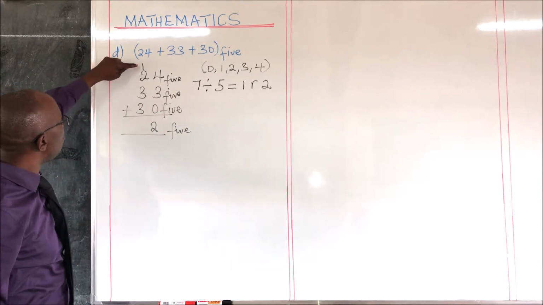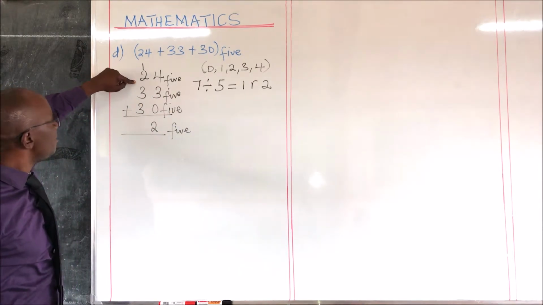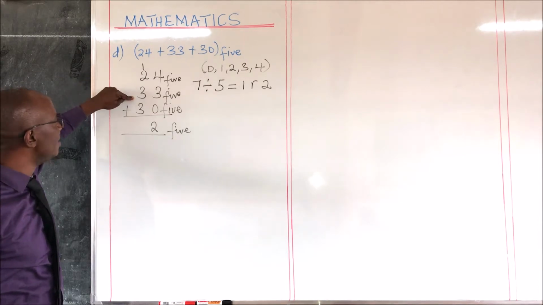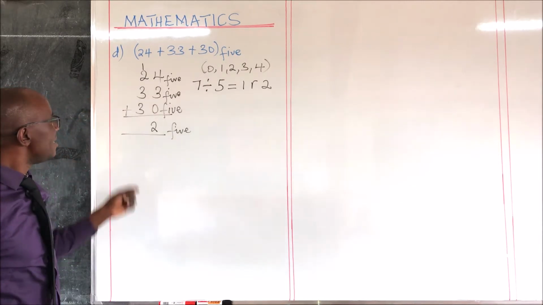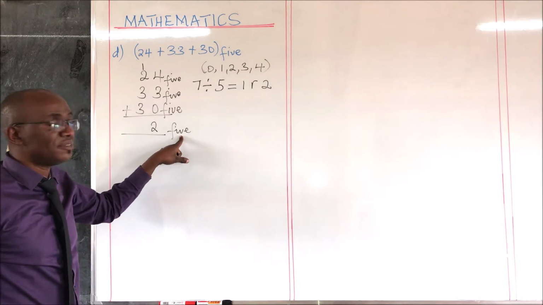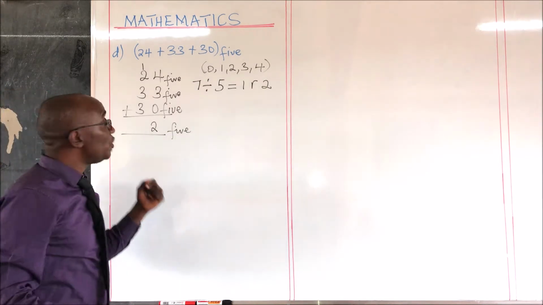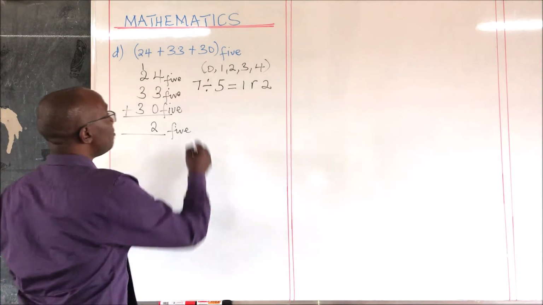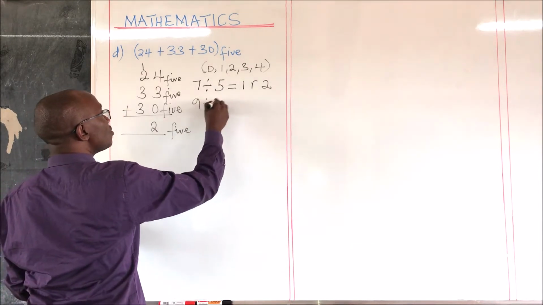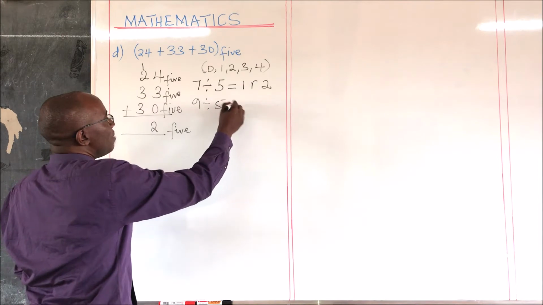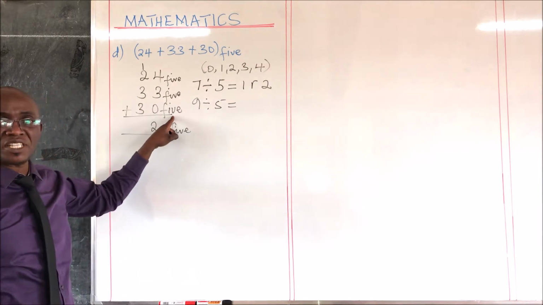So then we add 1 plus 2, that is 3. 3 plus 3, that is 6. 6 plus 3, that is 9. Still 9 is greater than 5. We cannot write 9 in base 5. So what do we do? We change 9 to base 5 by dividing 9 by the given base, which is 5. Why am I dividing by 5? Because I'm adding in base 5.